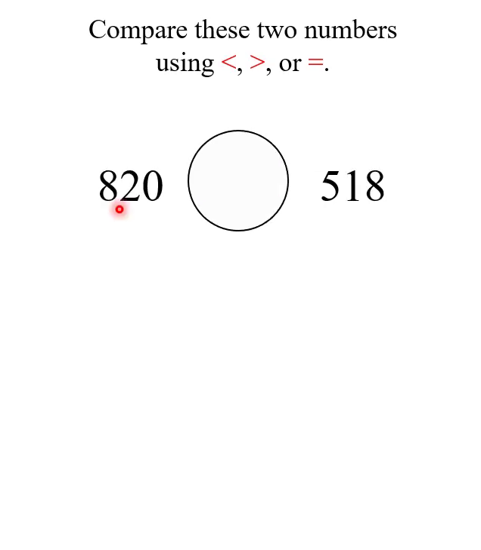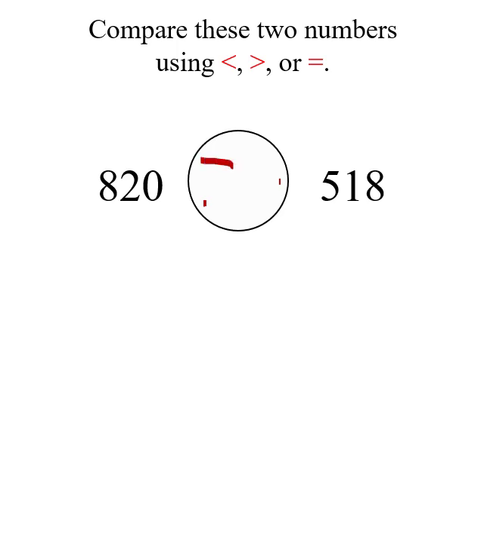I have to compare 820 this time to 518. Again, I start in the hundreds place. This time I see this one has 8 hundreds and this one has 5 hundreds. I know that 8 is greater than 5, so 820 is greater than 518. So when I make my symbol, I'm going to put the 2 lines over here and the 1 over on the other side.